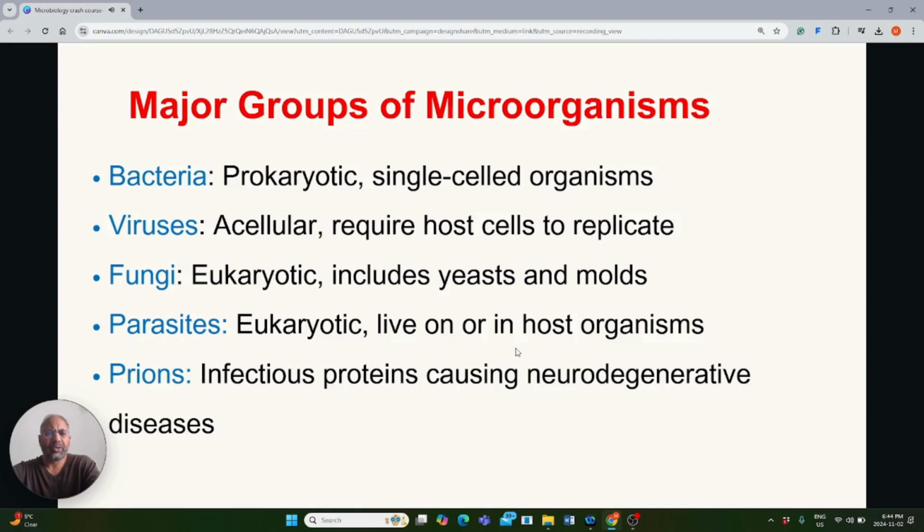Bacteria are prokaryotic, single-celled organisms. What do you understand by prokaryotic? If you really look at the cell structures, there are 2 main types of cell structures. One are the eukaryotic and the prokaryotic.